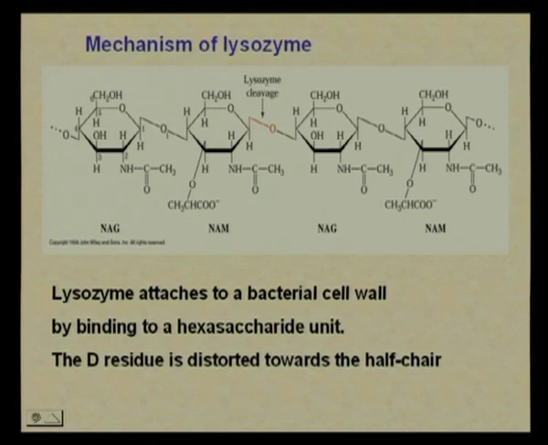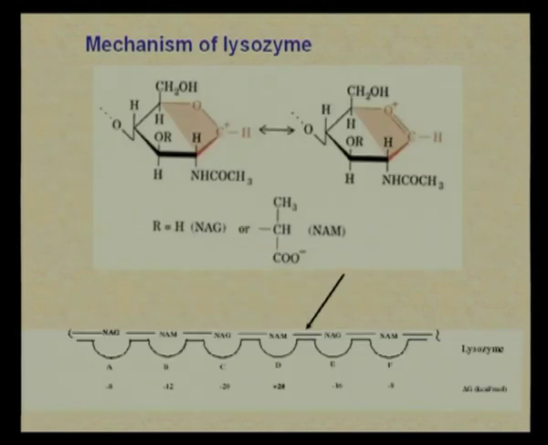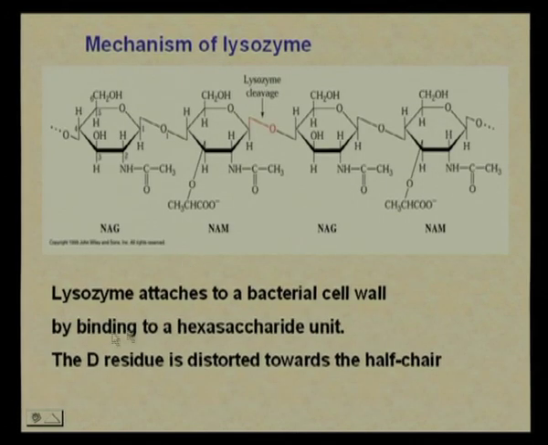The D residue, which is where it is going to cleave, what do these type of 6-membered chains form, 6-membered cyclic? They can have a boat conformation or a chair conformation. So, the stable conformation is the chair conformation. Now, what you have is the D residue distorts towards the half chair.